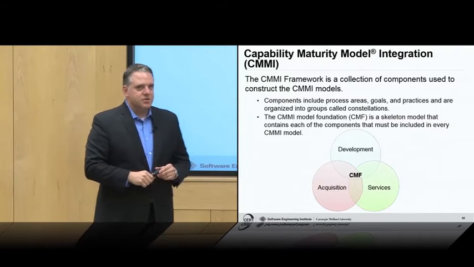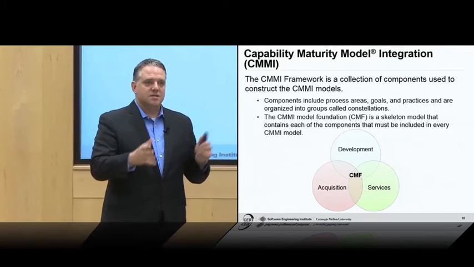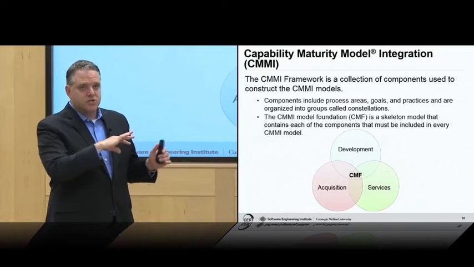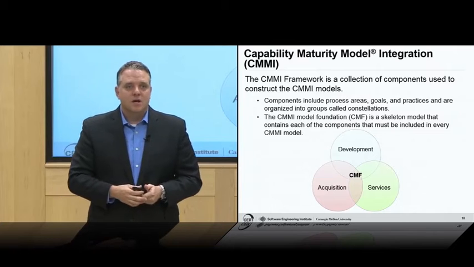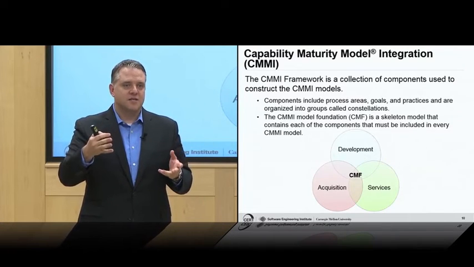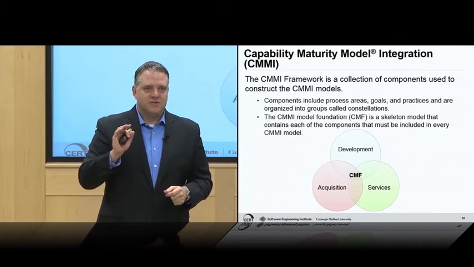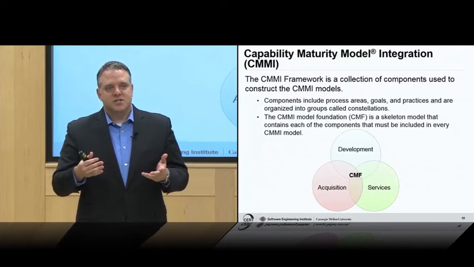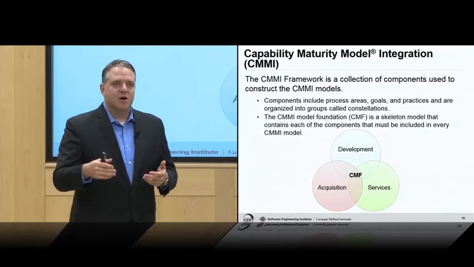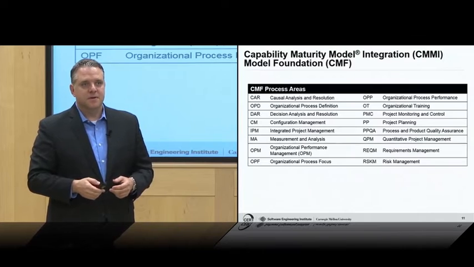The Capability Maturity Model Integration, again, is taking the CMM that we just talked about and applying it to integration. And you have these 3 different constellations of development, acquisition, and services. And this is just a skeleton model that you can follow if you decide that this model is for you.